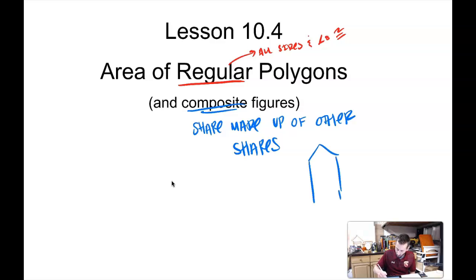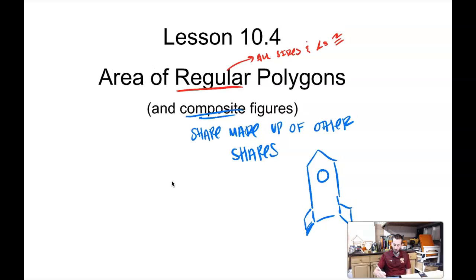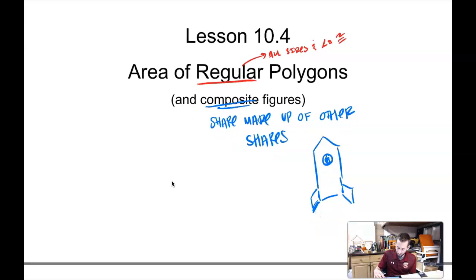Where it is made up of, like you guys did your tangrams the other day. It's made up of other shapes. Sorry, that's not very symmetric. So you have something like that, and you had to find the area of each shape and kind of add them together and maybe not include this area because that's glass or something, right? So we're looking at things like this, and this is going to help us in order to find the area of polygons at some point.